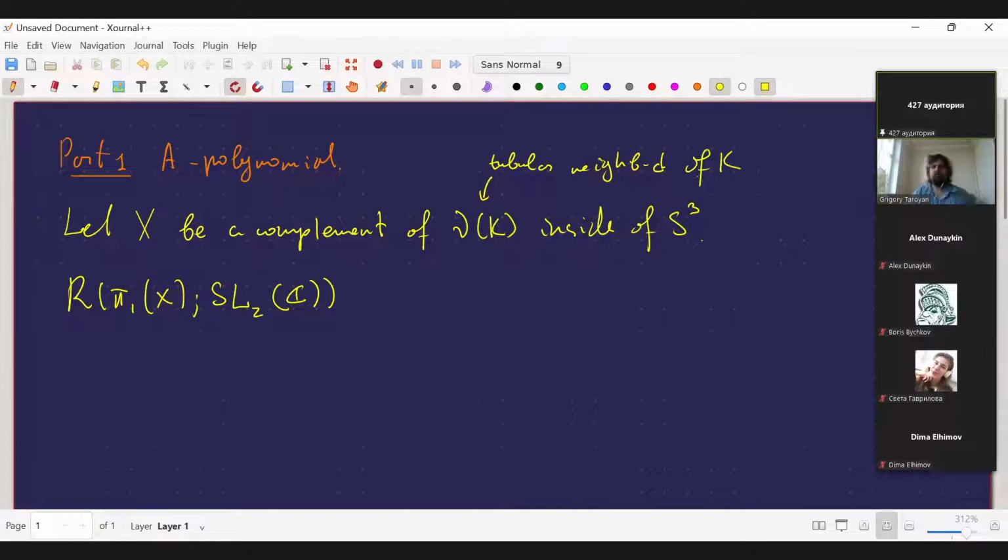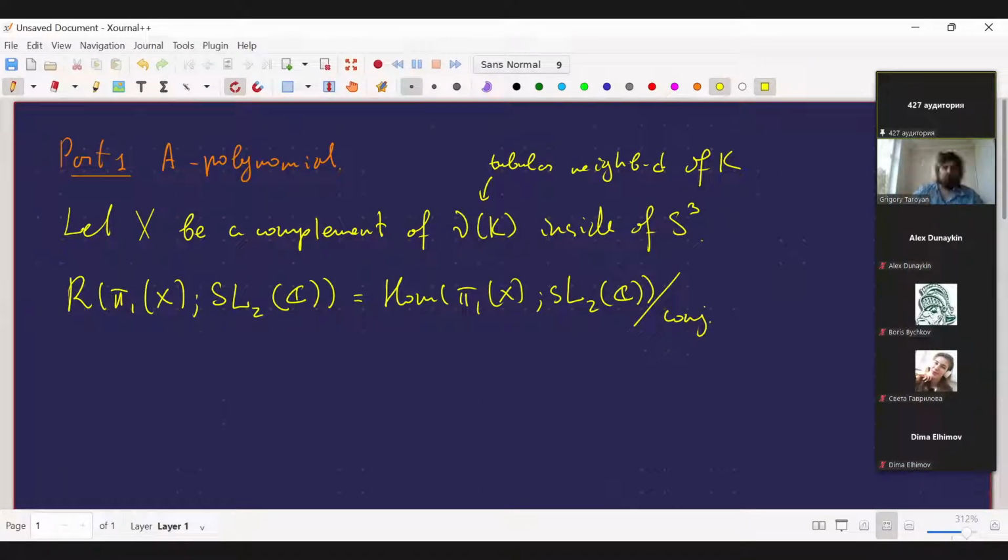Okay, yes, the total space of the normal bundle. So this variety is a variety of all representations of P1 of X inside of SL2C up to conjugation.